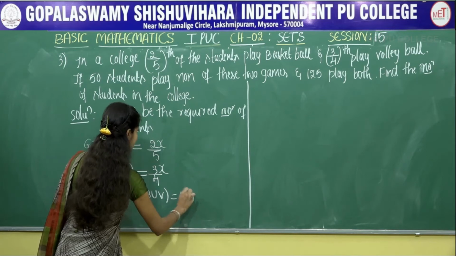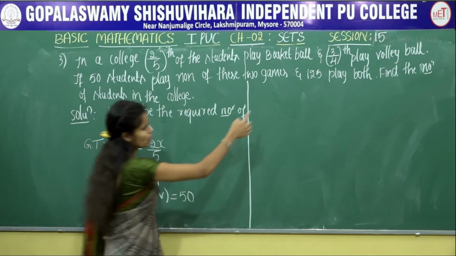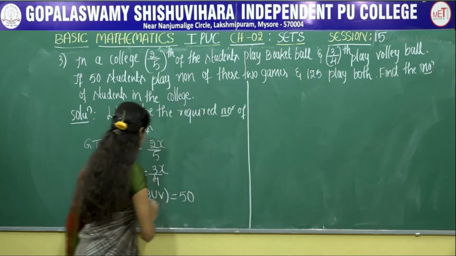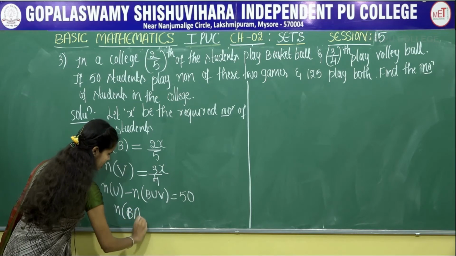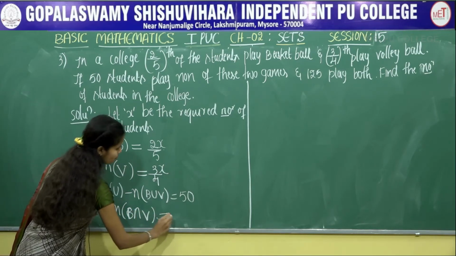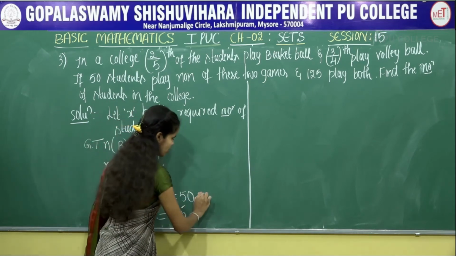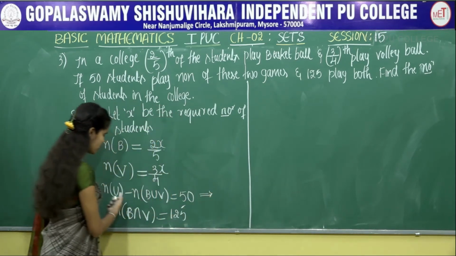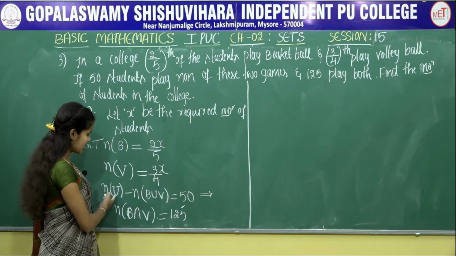And also given, 125 play both, that is n of B intersection V is equal to 125. Using this condition, find out. So n of U means the universal set. It says the total number of students in the college.